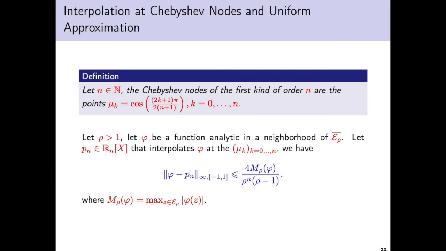If you assume that your function f is analytic in a neighborhood of a given Bernstein ellipse E rho, then the approximation error is bounded by M rho of f, which is the supremum of the modulus of f over the Bernstein ellipse, divided by rho to the n multiplied by rho minus 1.